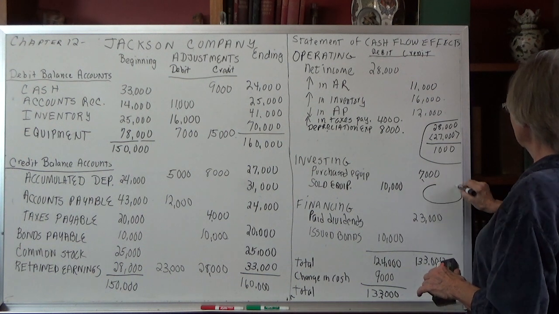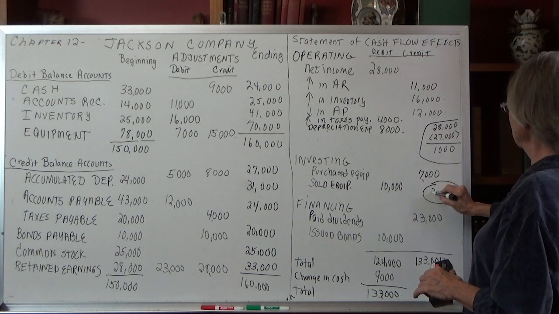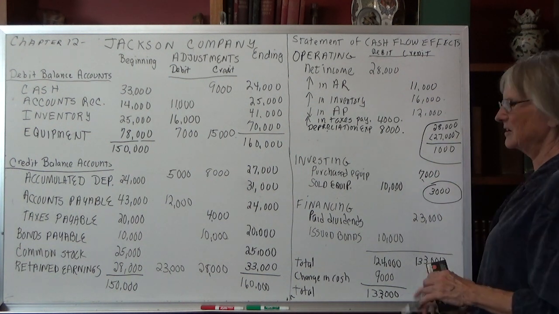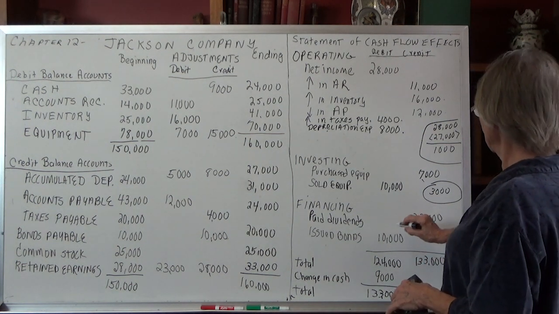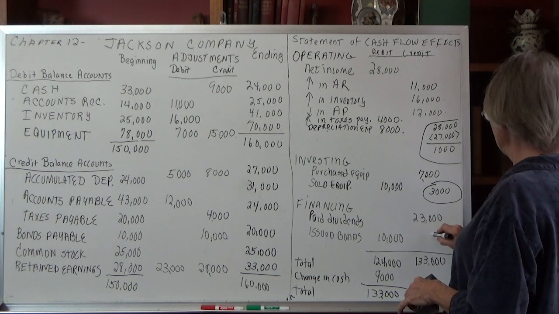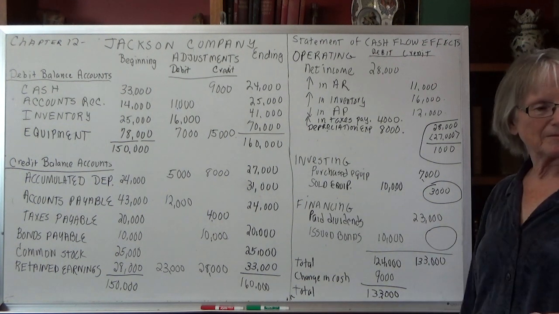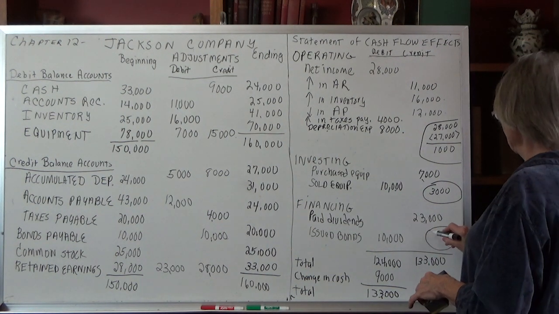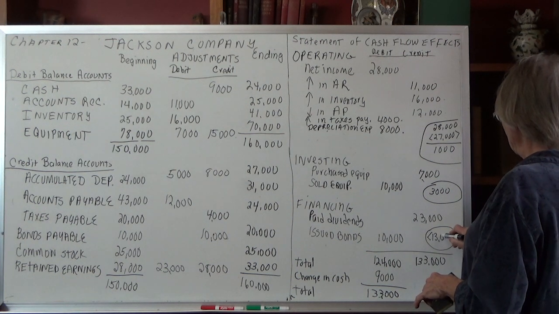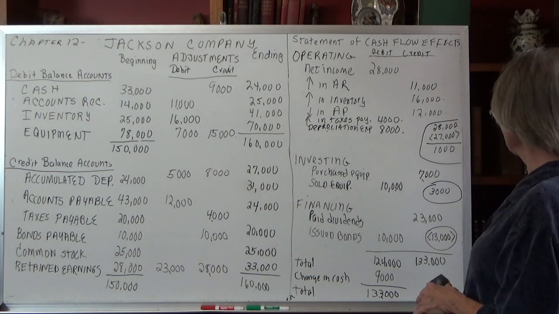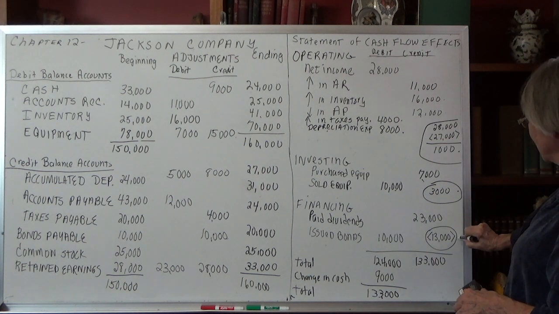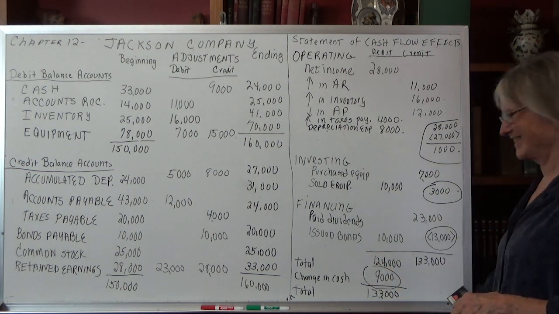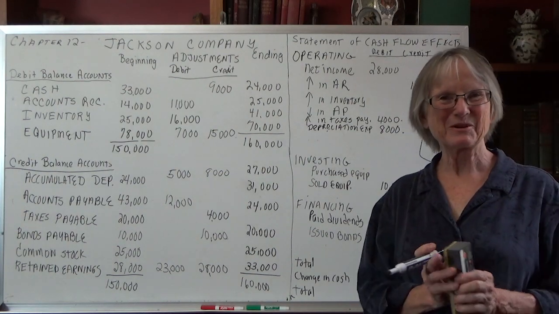Investing, we go 10 minus 7, we got 3,000 provided by investing activities, and then we go 23 minus 10, so we've got our negative 13 used by financing activities. And when we add that 1,000, the 3,000 minus this, we should get that. Okay, let me know if you have questions.